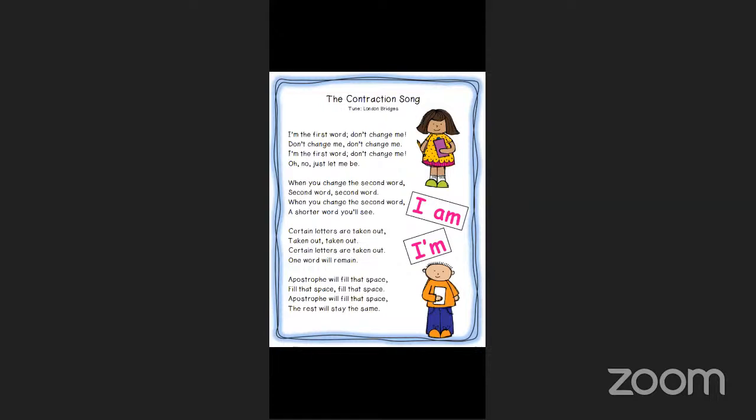Just read it, and can you guess what our lesson is going to be? It's a song, right? And there are two words in pink color: I am and I'm. Just go through the lines and see.